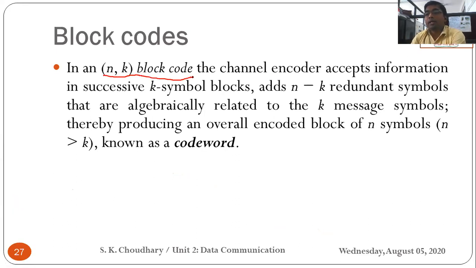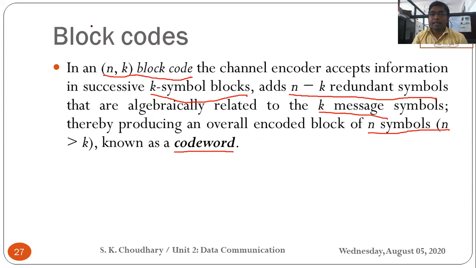The channel encoder accepts the information in successive k-symbol blocks and adds n minus k redundant symbols that are algebraically related to the k message symbols, thereby producing an overall encoded block of n symbols. And n is always greater than k. It is known as a code word.